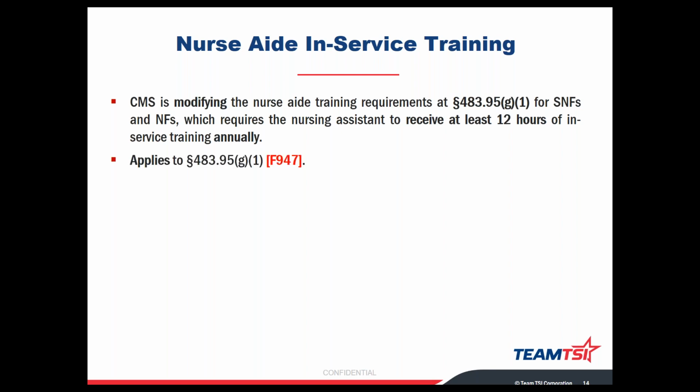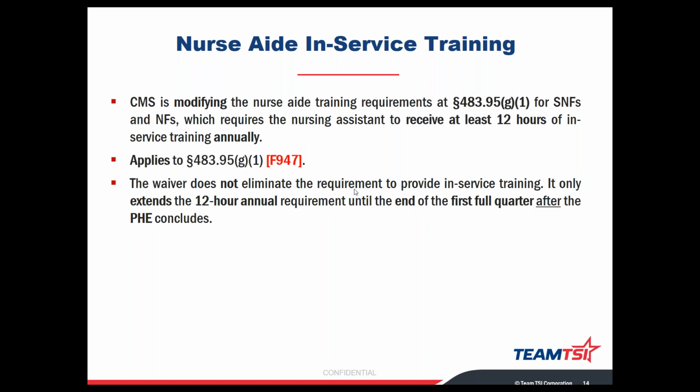This is FTAG 947, which applies to the training, but this is the annual 12 hours of training. It does not eliminate the requirement to provide the in-service training. It extends the 12-hour annual requirement until the end of the first full quarter after the public health emergency concludes. So again, if you've got a program where every month you're completing 1 hour of training, you can extend that to the end of the first full quarter, but you can't not do it.